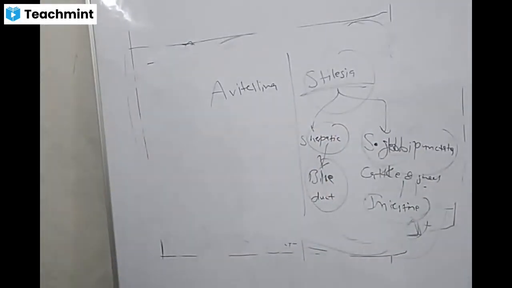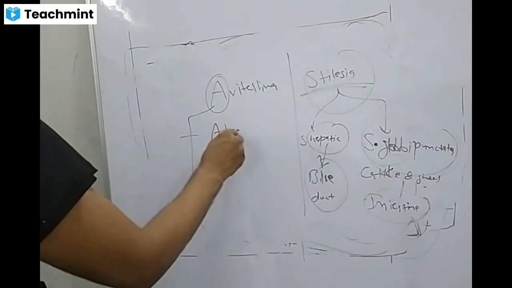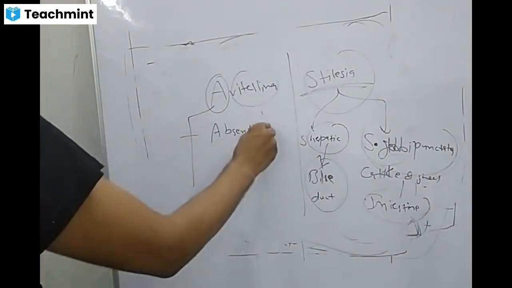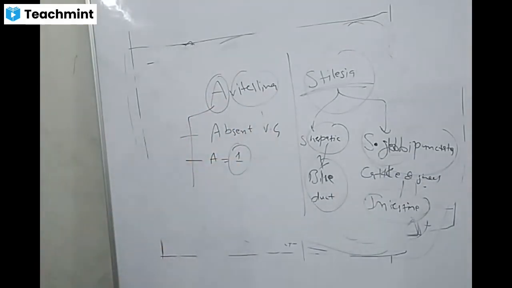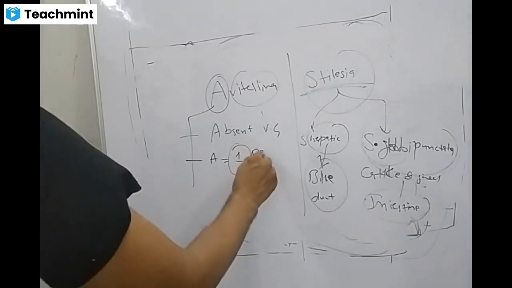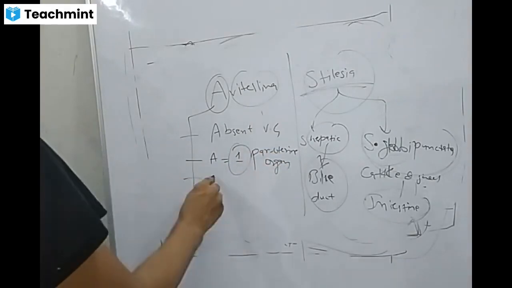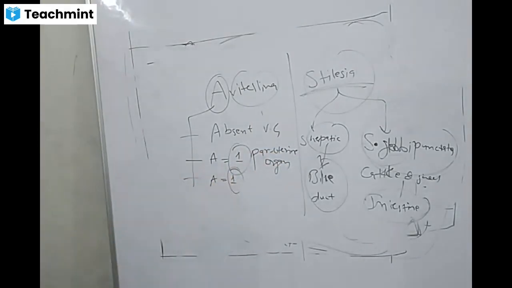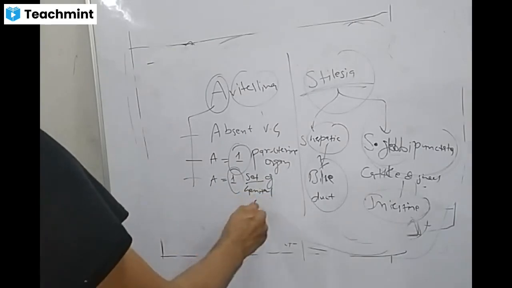And if you look at Avitellina, this A will tell you for MCQ. A means absent. What is absent? Vitelline gland. Second, A is the first letter of ABCD, so this A will tell you that there is one uterine organ. And again A means one. There is only one set of genital organs.